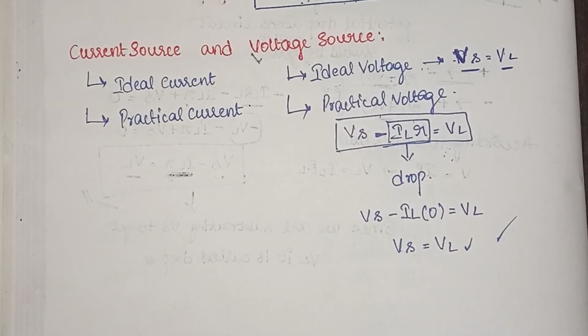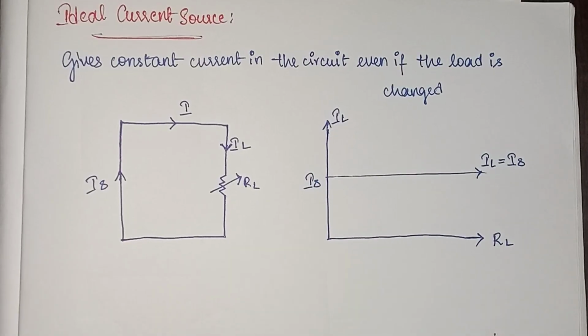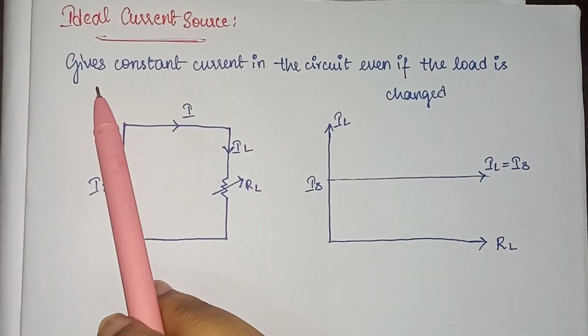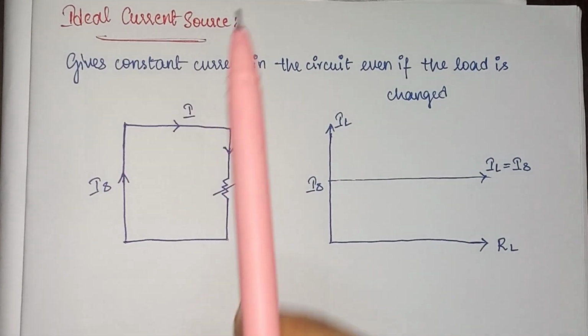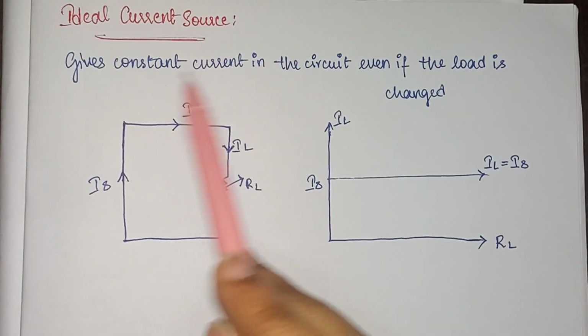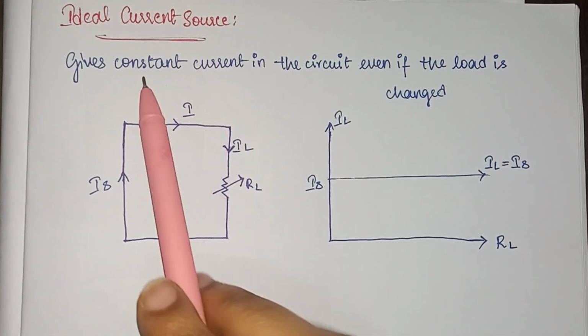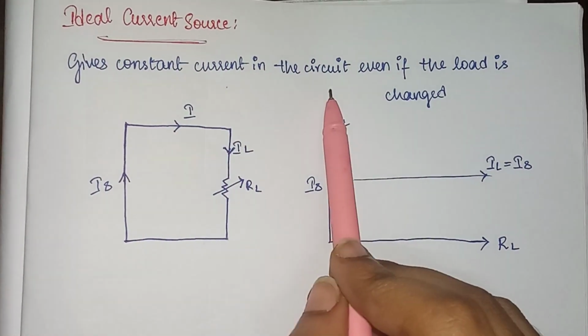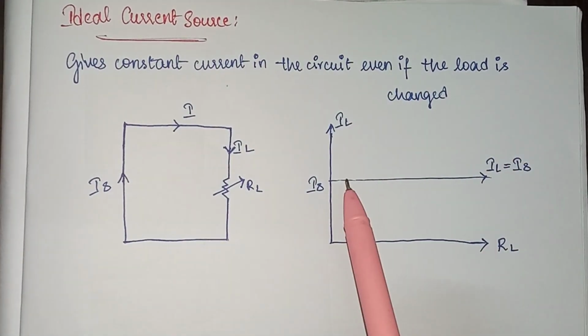Now let's discuss ideal current source. Ideal current source is nothing but it gives constant current. In the case of voltage, we have got constant voltage. So here it gives constant current in the circuit even if the load values are changed.